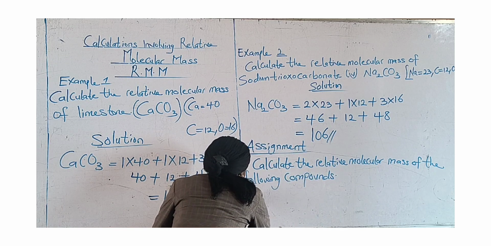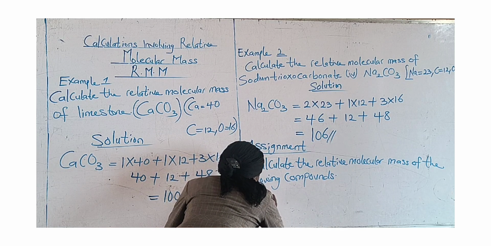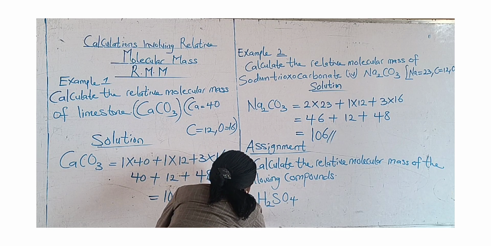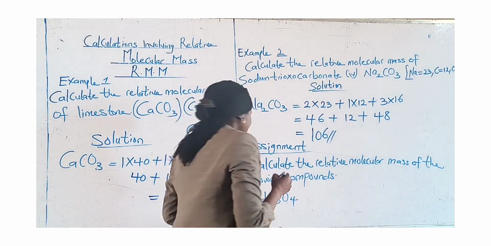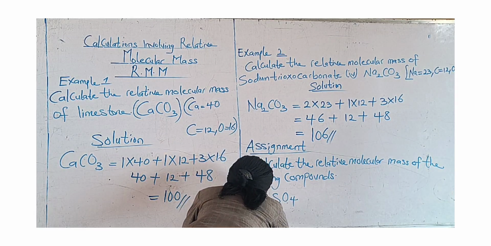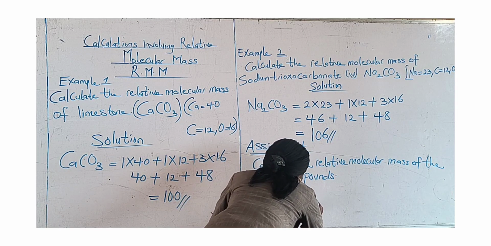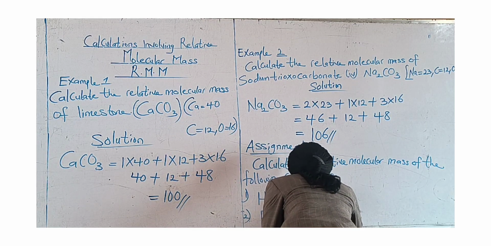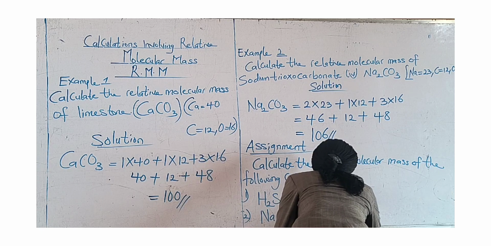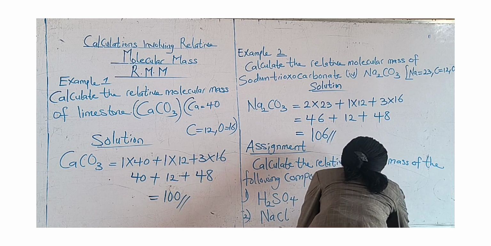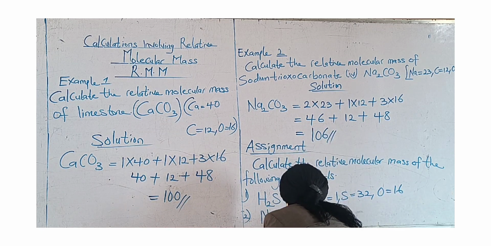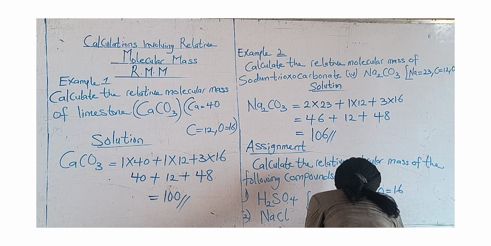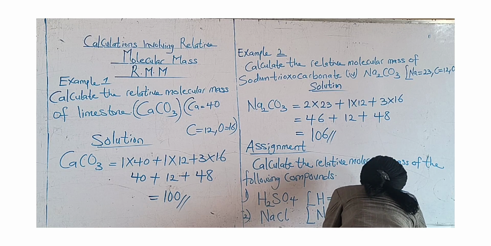The first one I will have is hydrogen, H2SO4. The second one is NaCl. So let me give you their atomic masses. We have H is 1, S you're given 32, you have your O to be 16. Then for the second one, you have your Na is 23, and you have your chlorine, which is 35.5.